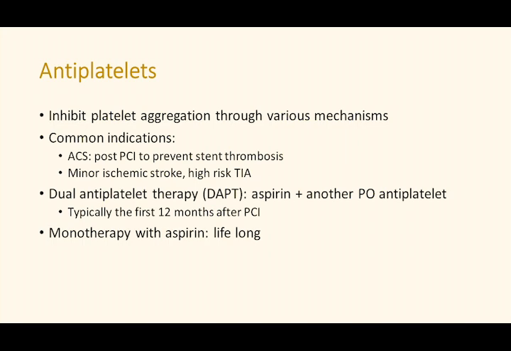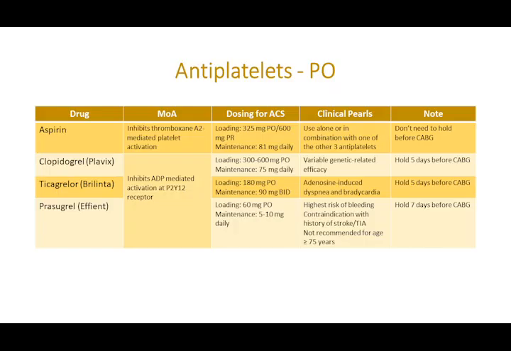After those first 12 months, a lot of the time they'll get dropped down to just aspirin for lifelong therapy. Okay, so let's look at our antiplatelet agents. I want to talk about our PO options first because they are a lot more common and we're probably more familiar with these agents.